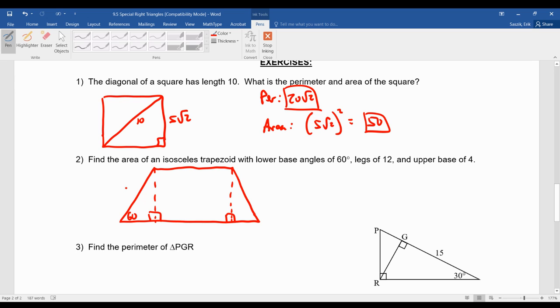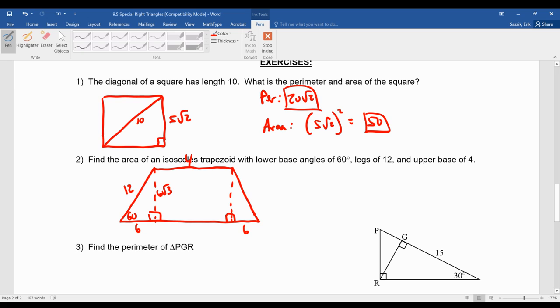It says legs of 12, upper base of 4. Okay, so this is 4. So remember, if this is 12, that's the hypotenuse. So this short thing down here must be 6. That's 6. This must be 6√3.